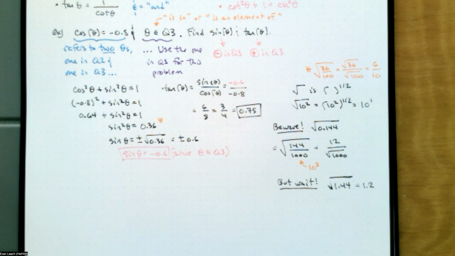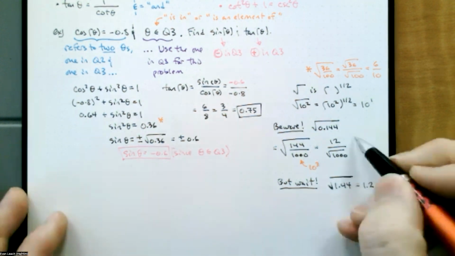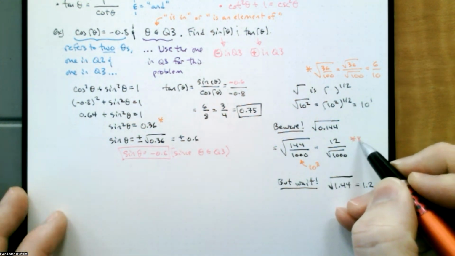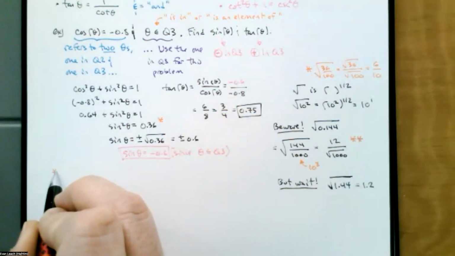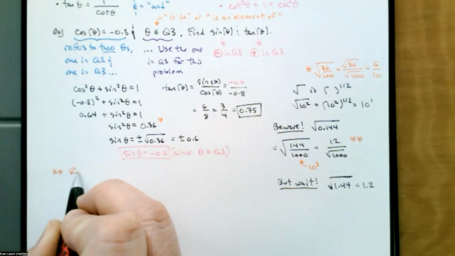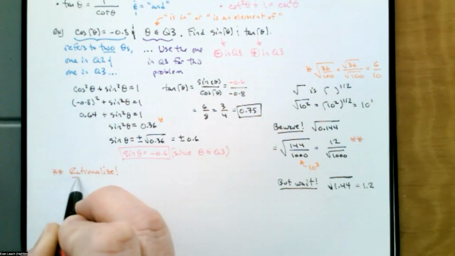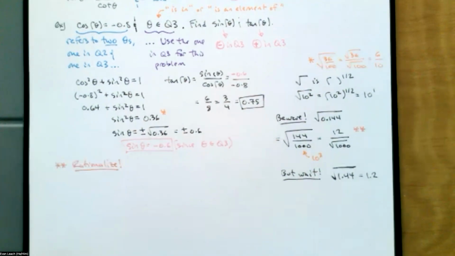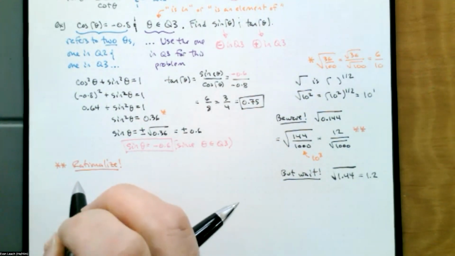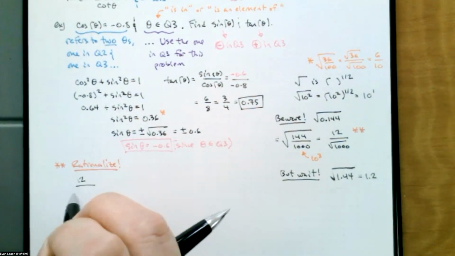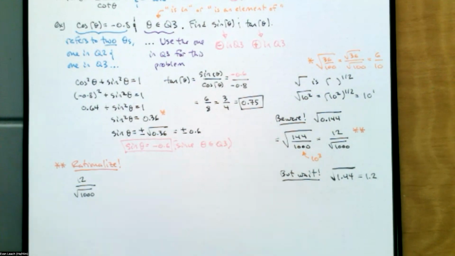If we wanted to rationalize the square root of 1,000. Good question. So if we wanted to rationalize this 12 over the square root of 1,000, one thing we could do is just multiply by the radical we see in the denominator.